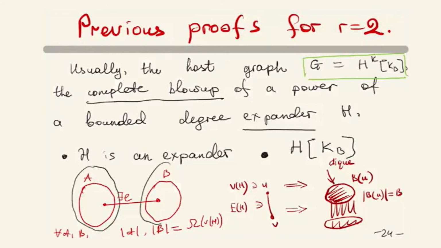For the standard definition, you would say that A has some amount of neighbors, maybe epsilon times the size of A. And what if you take B in the complement of this? Because it still can be large, right? But that's not an expander. Expander means that any time I take two linear size sets, there must be an edge in between them. So it's different from this other definition.